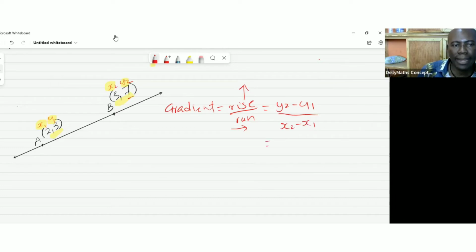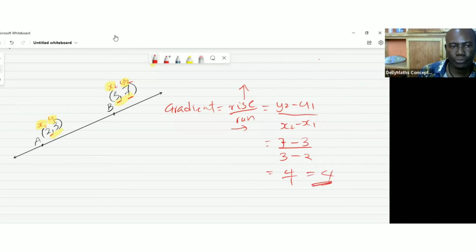So in terms of the labeling, we're talking about 7 minus 3 over 3 minus 2. And what we have is 4 over 1. So the gradient of this line that passes through the points A and B is 4 over 1, or you could just say 4.